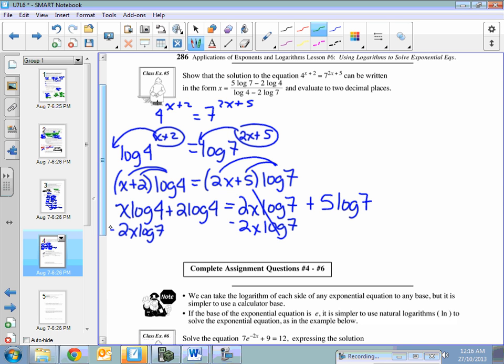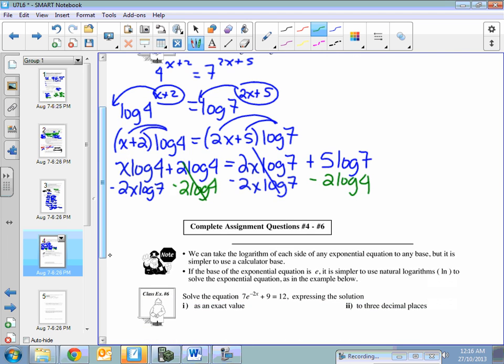And I have this 2 log 4 on the left-hand side too, so I just want to subtract that from both sides. So now I only have x's on the left-hand side and numbers on the right-hand side. So I have x log 4 minus 2x log 7 equals 5 log 7 minus 2 log 4.